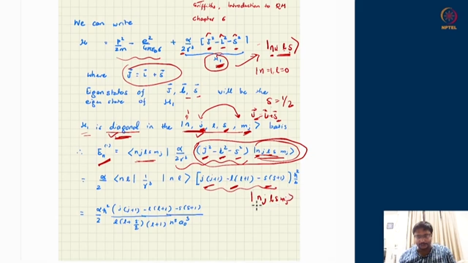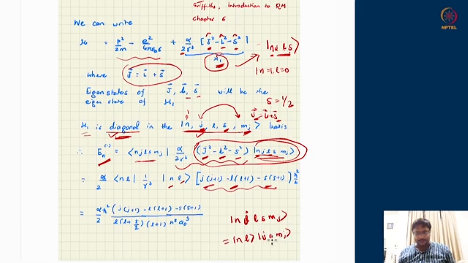Now these are numbers, so they will go to the left, and 1 over R cube will get squeezed between these two states. But it so happens that the 1 over R cube operator does not care about your J value, does not care about your spin value, does not care about your M_J value. The only things it cares about are N and L. So this state N, J, L, S, M_J could be written as N, L times J, S, M_J as a direct product.